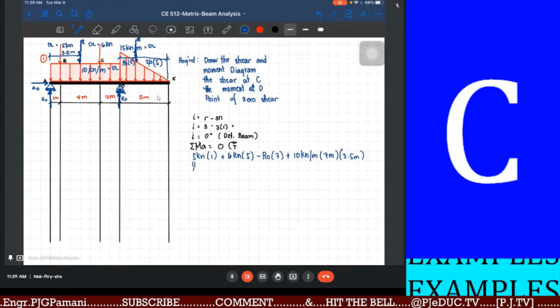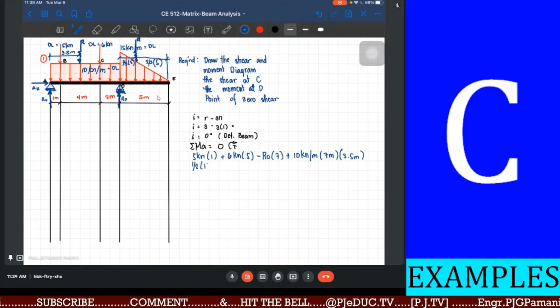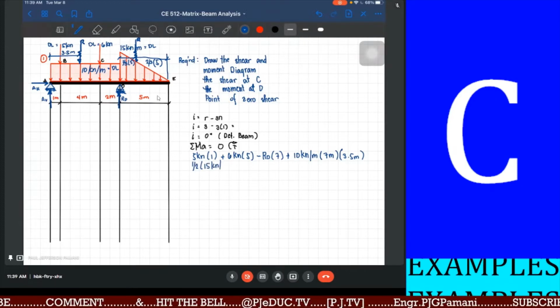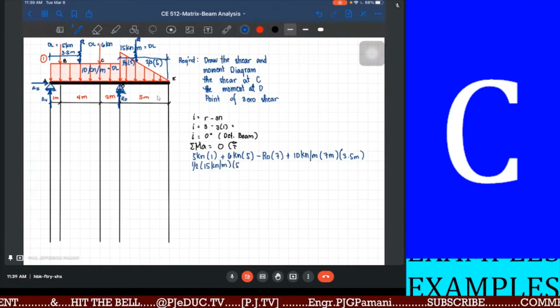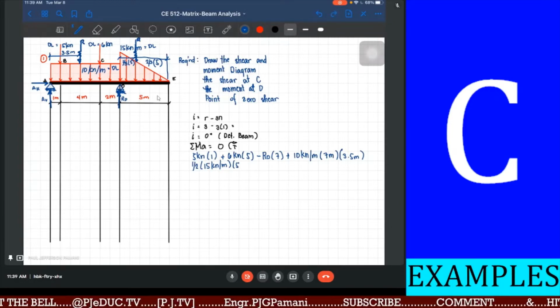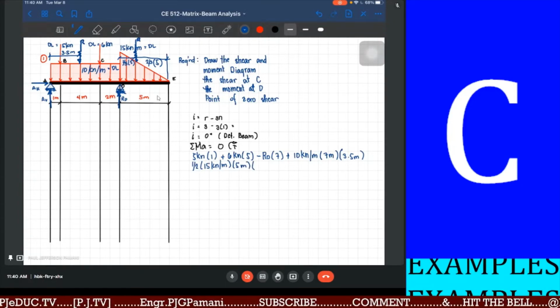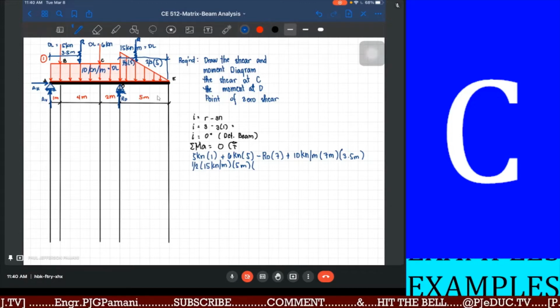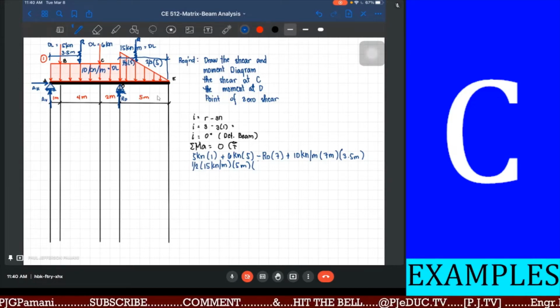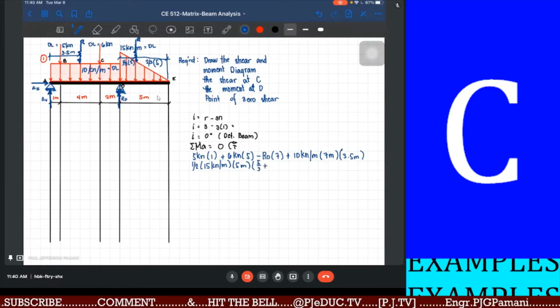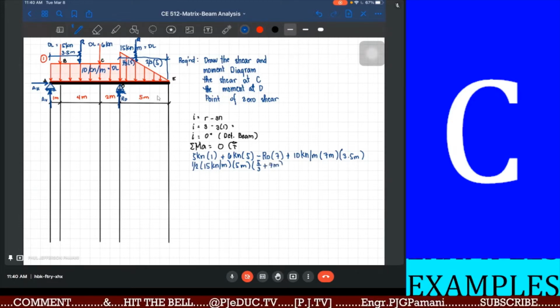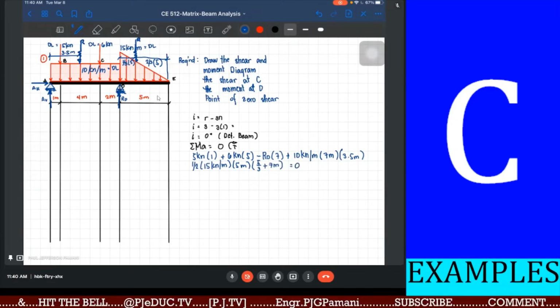That is 1/2 of 15 kilonewton per meter, base of 5 meters. Moment arm distance towards point A is 1/3 of 5 meters plus 7 meters, equal to 0.